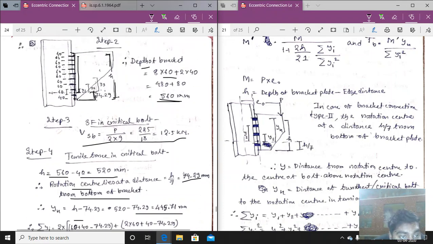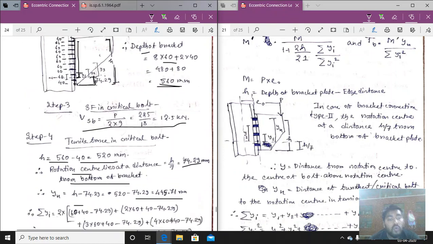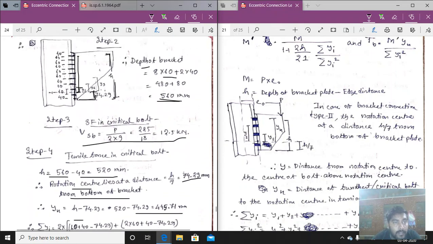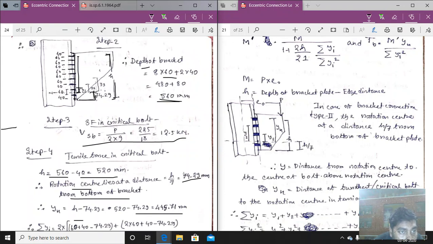So y1 equals the distance from here to here. How do we calculate yi? See, consider this is the first bolt, and in this picture this is H by 7, and from here to here this is 60.